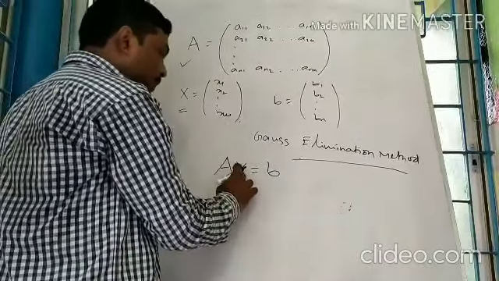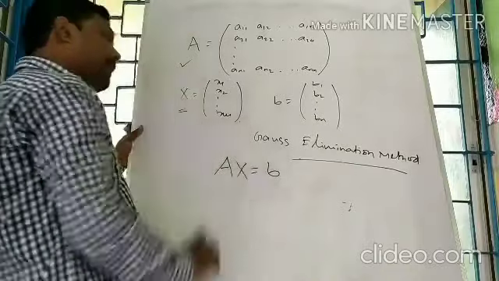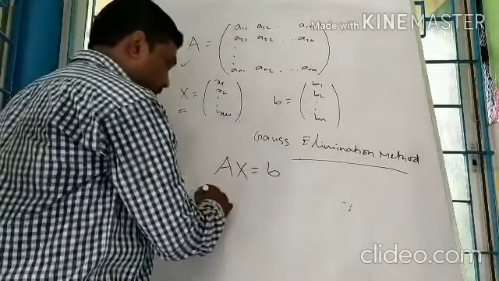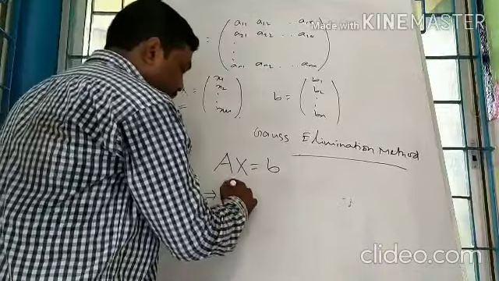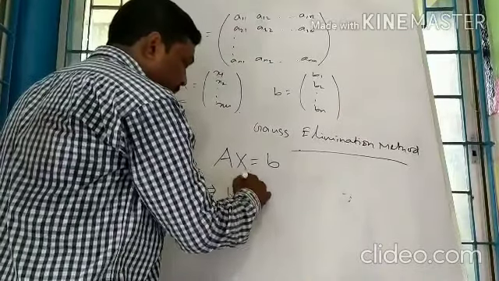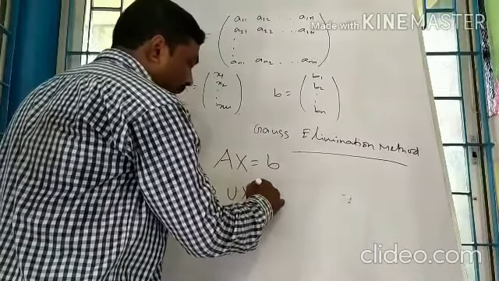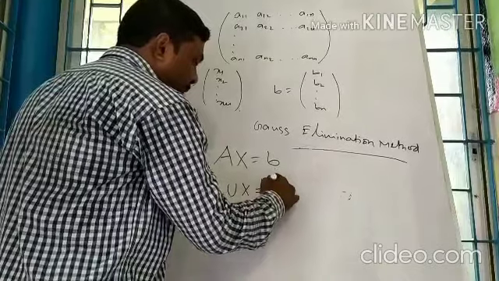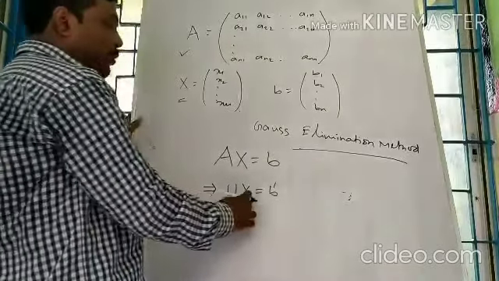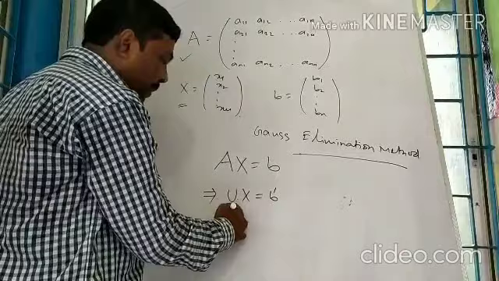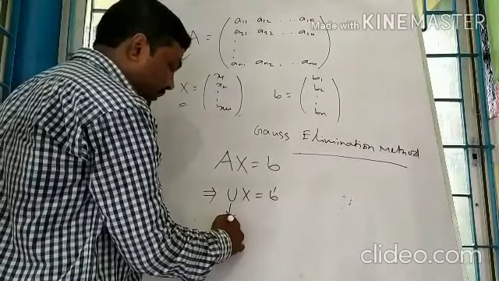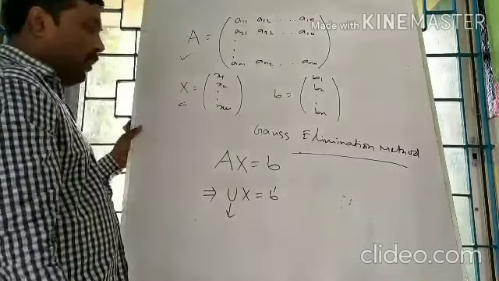We have to find the vector capital X. Now this system of equations is reduced to the form Ux equals b dashed. What is U? U is an upper triangular matrix.